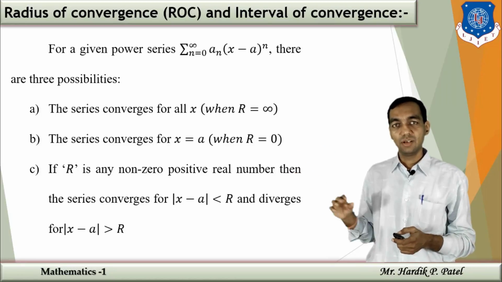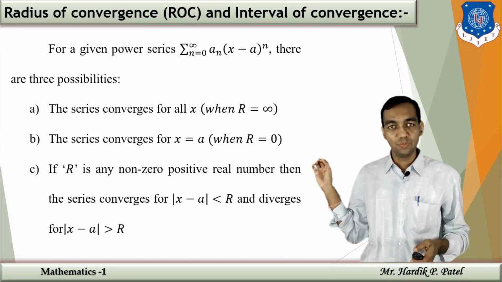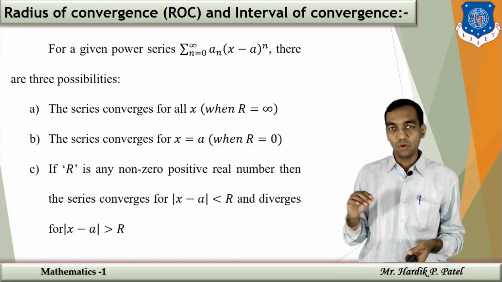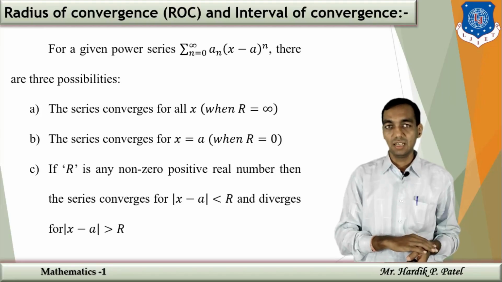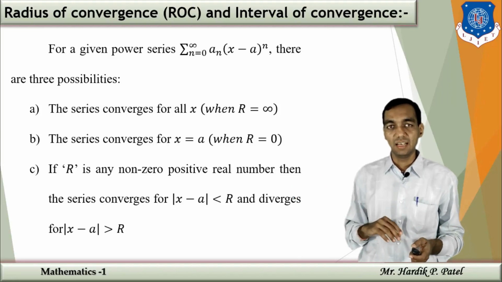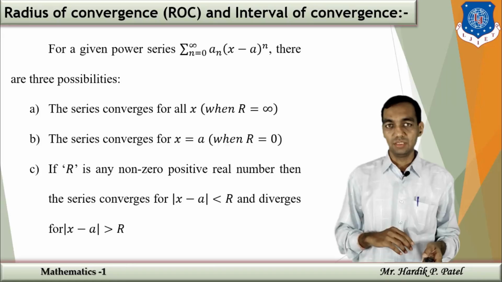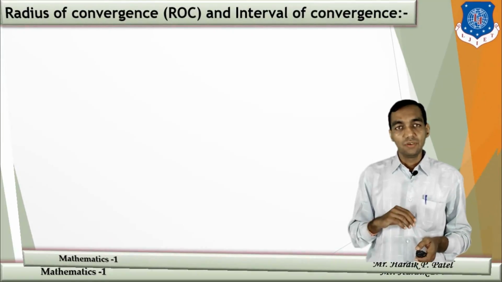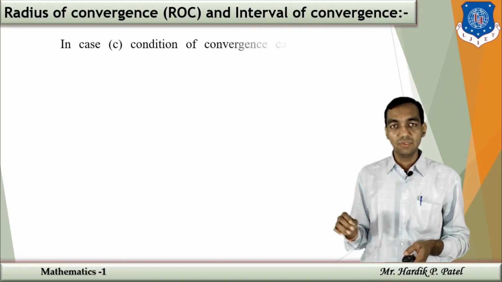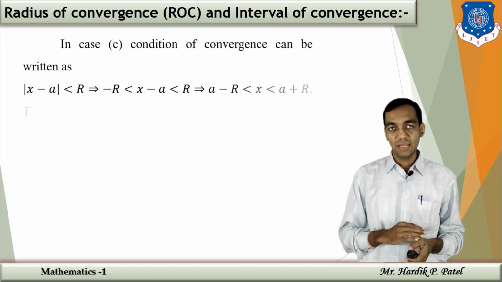And the third case we have already discussed: if R is any positive real number, then for mod of x minus a less than R your series is convergent, and for mod of x minus a greater than R, your series is divergent.